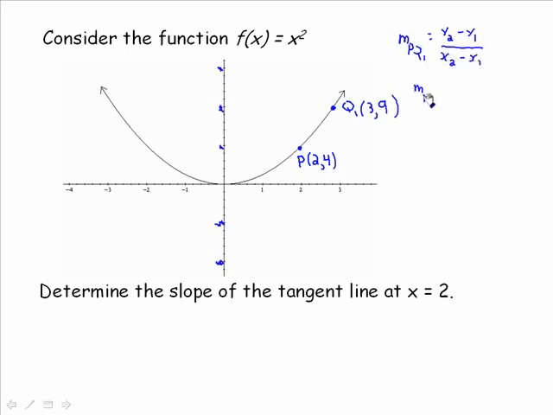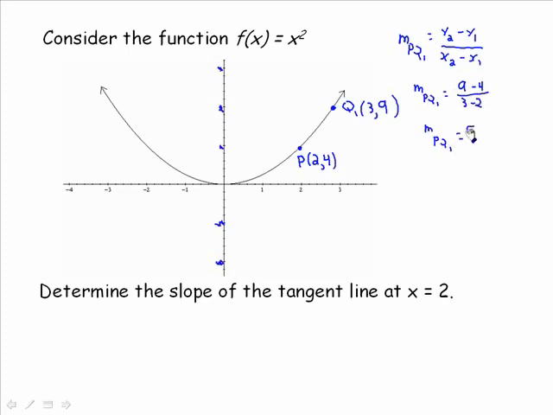And therefore MPQ1 is equal to 9 minus 4 over 3 minus 2. Work that out: 5 over 1, the slope is equal to 5.